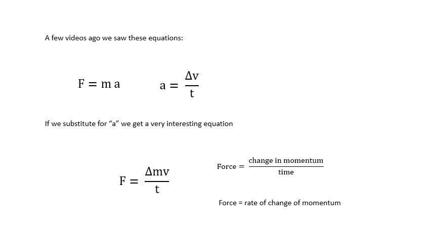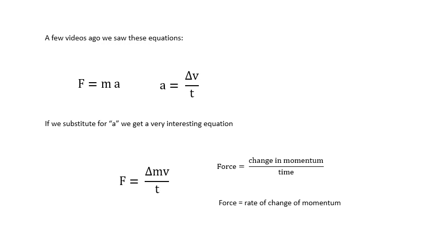So F equals change in momentum over time, or the rate of change of momentum. Rate of change means how quickly it's changing, how much it changes every second. Assuming that the force is constant, then force equals rate of change of momentum.